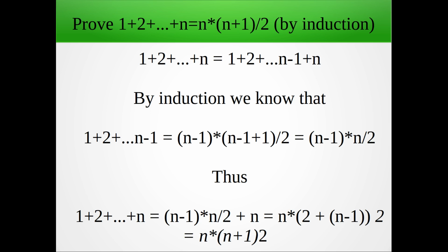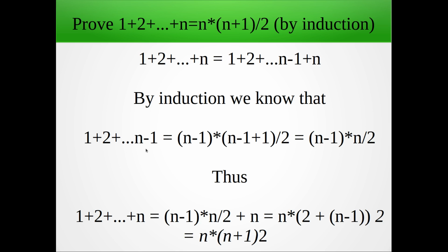Yep, let's do some algebraic manipulations. I want to see whether or not this equals this other thing. But 1 plus 2 plus up to n is the same thing as up to n minus 1, plus n. And this thing, by induction, I already know that holds the property.